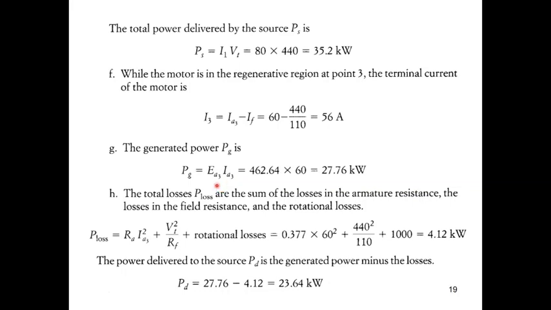So simply we can calculate E multiplied by I, which we call developed power. So we can multiply E at point 3 by the current at point 3 and get the generated power. So this is the developed power.